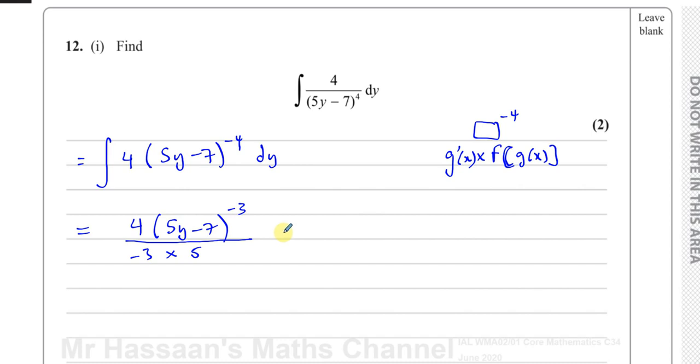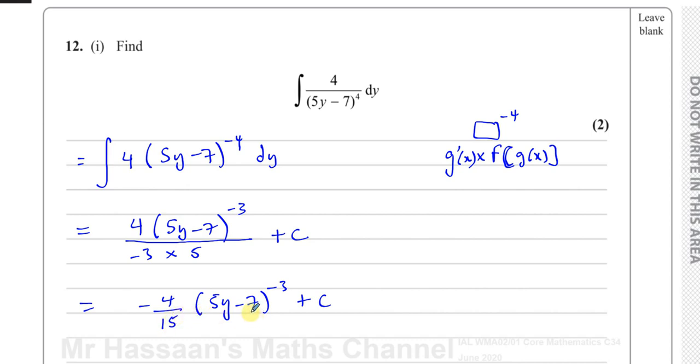That gives us our answer, but don't forget the plus c. So this is going to be negative 4 over 15 times (5y minus 7) to the power of negative 3 plus c. And that's our answer. That's how you use the reverse of the chain rule to do integration.